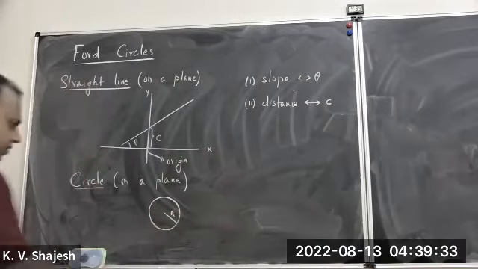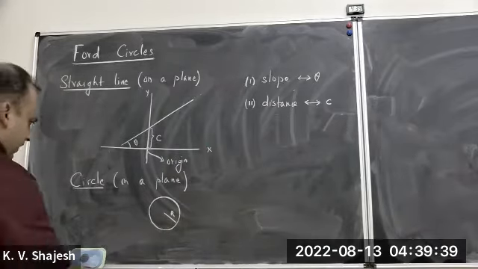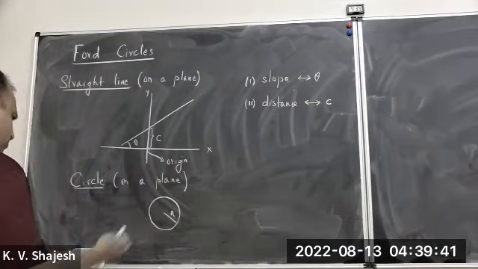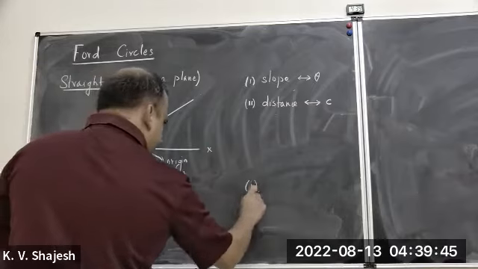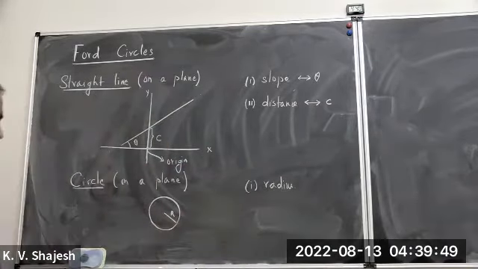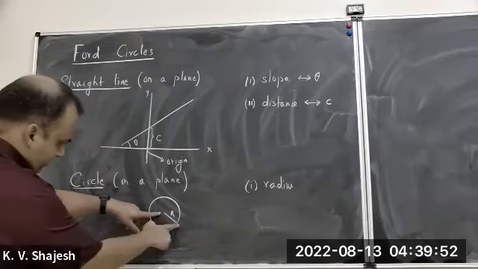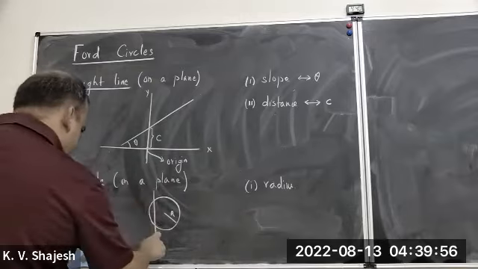That means from the center to any point on the circle. And again, now you want to have many circles, right? So the first characterization of a circle is radius. That means to say, the center to that point if you want. And again, this could be anywhere.